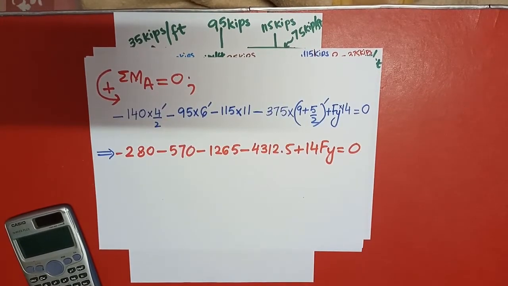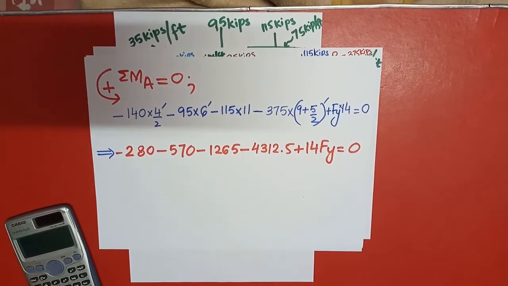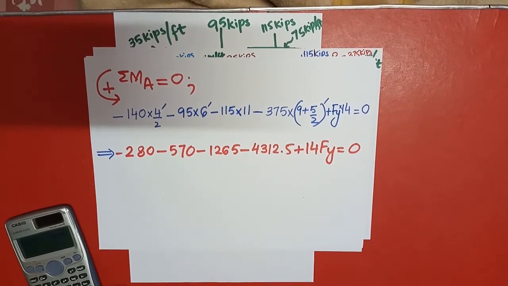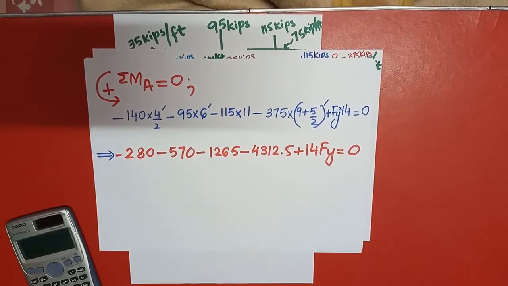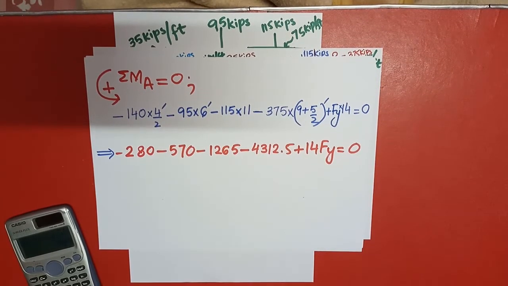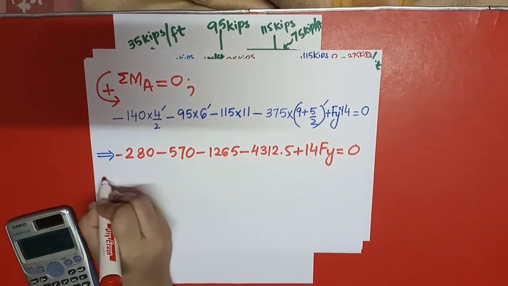So let me sum up. 280 plus 570 plus 1265, and plus 4312.5. You can put minus, but I am going to add, so I am just writing plus sign, and then I will put minus here.